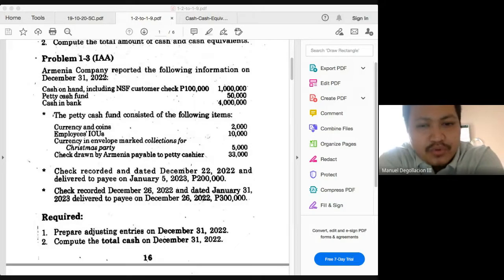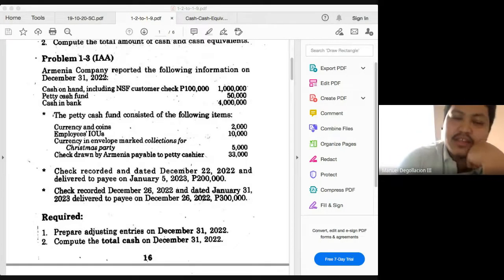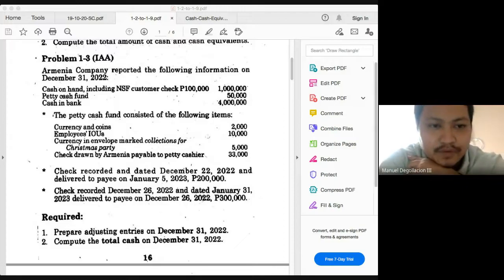Okay, there are two ways, class, of approaching this problem. There are two ways of determining the correct balance of your petty cash fund. The common approach that students use would be to start with the 50,000 and to deduct the non-cash items that are included in the balance of the petty cash fund. So normally students would say the currency and coins obviously is still cash.